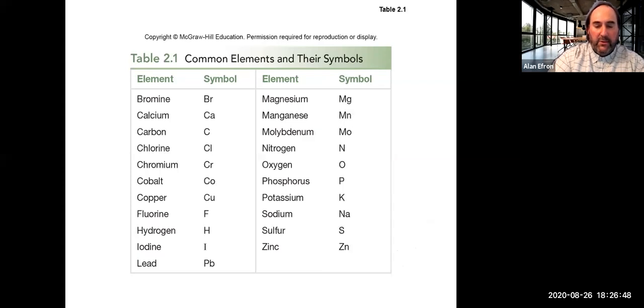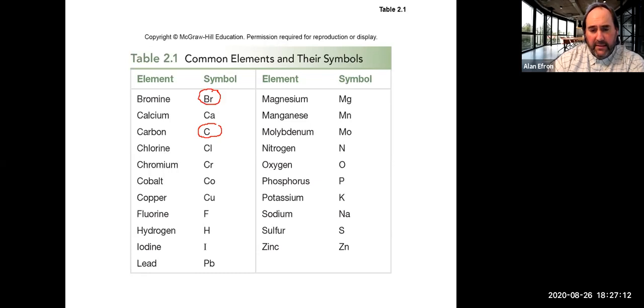There's really two ways the symbols are written. If it is a two-letter symbol, which is very common, the first letter is capitalized and the second is not. If it is a one-letter symbol, it is always capitalized. That's really important to remember.